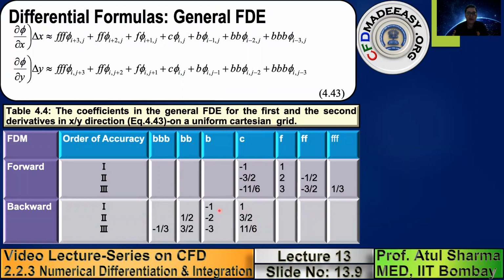In first order, you have 1 point behind; for second order, 2 points behind; for third order, non-zero coefficients for 3 points behind. Whereas for forward, first order has 1 point ahead, second has 2 points ahead, and third has 3 points ahead. So this represents the derivation I had shown in the finite difference method for first order and second order accuracy. Similarly, you can also derive for third order accuracy. The detailed derivation is given in the companion.